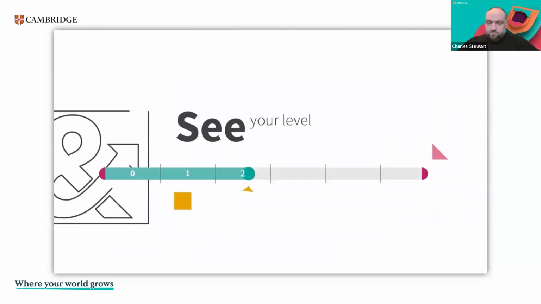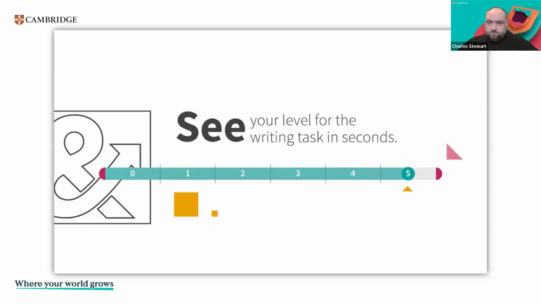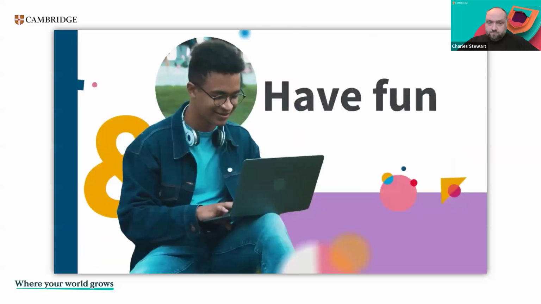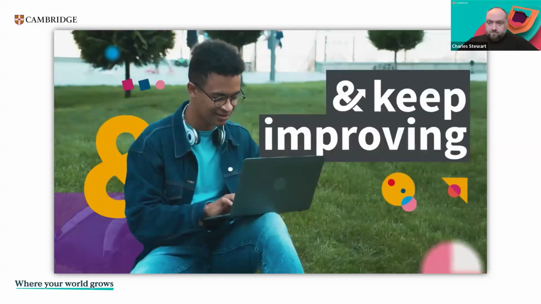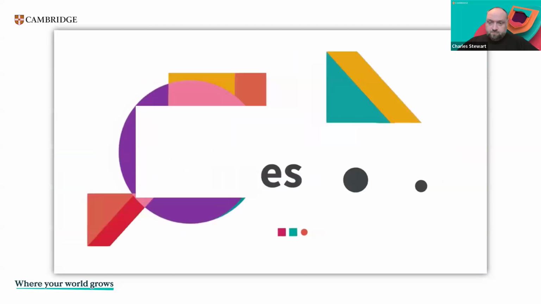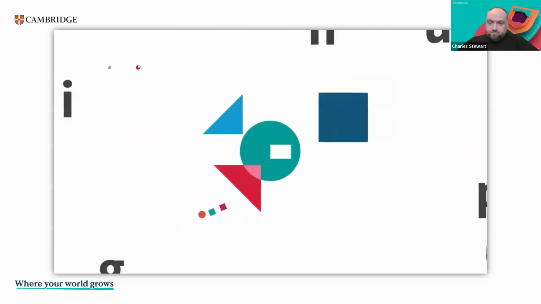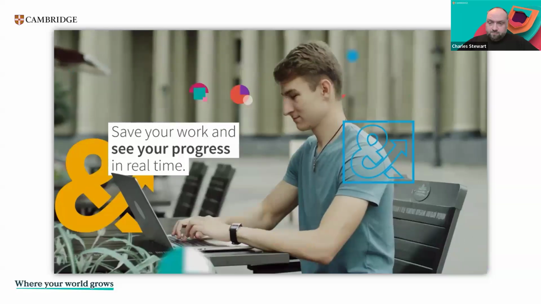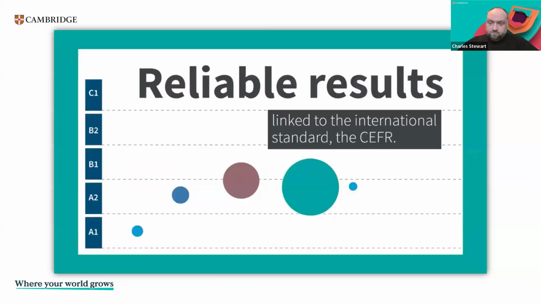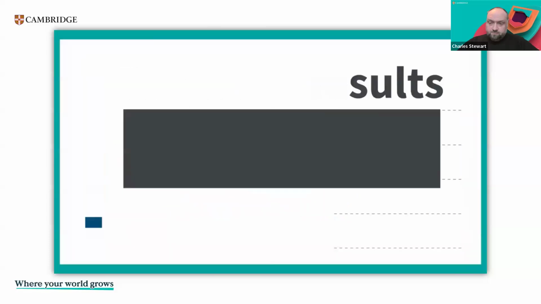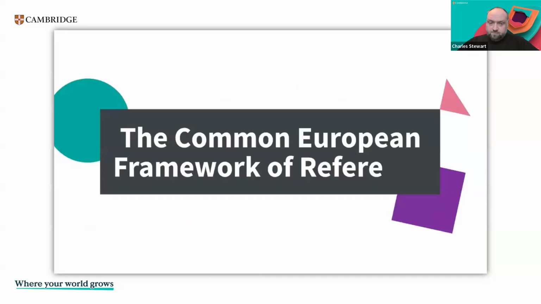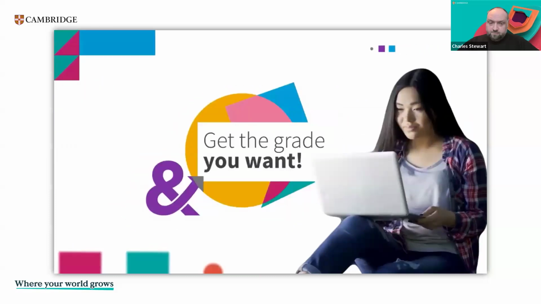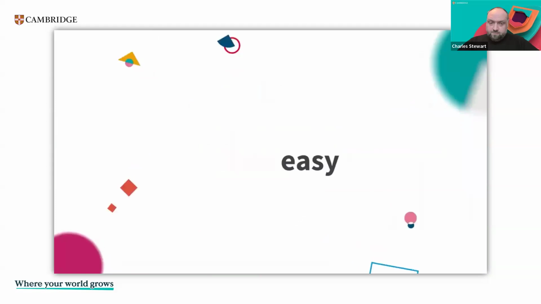See your level for the writing task in seconds. Have fun and keep improving. Make changes and check again. Sign up. Save your work and see your progress in real time. Reliable results. Link to the international standard, the CEFR. Get the grade you want. Writing practice made easy with Write and Improve.